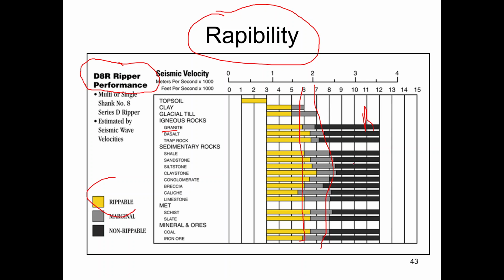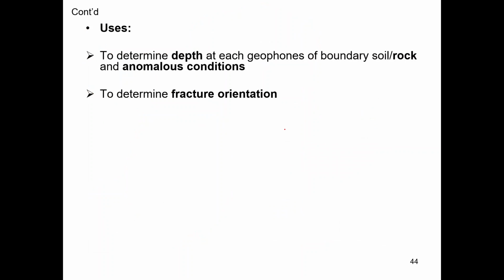So we have another table for D9. You can look at that table. This is for excavation based on seismic velocity and type of rock material.